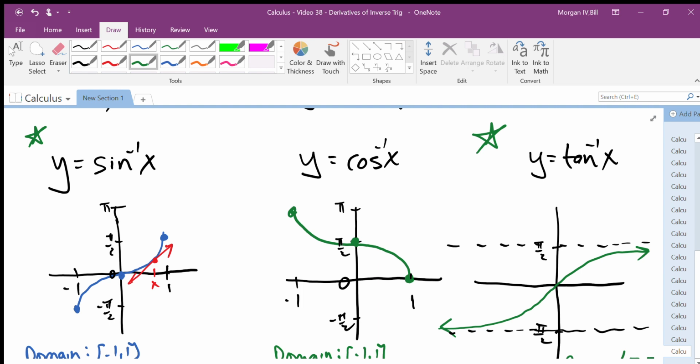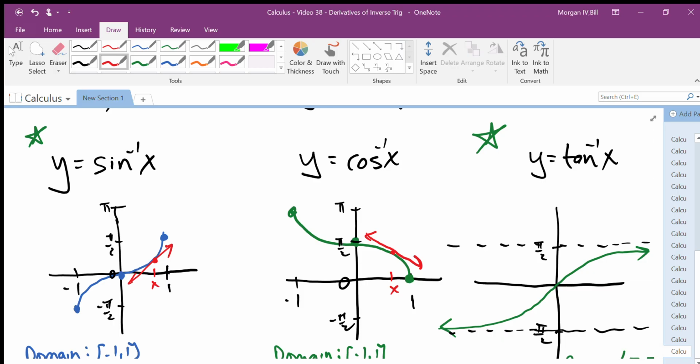And if you look at that, think about this red curve here, the slope of the tangent line I've drawn for inverse sine at x. If I drew that same position x here, whatever that slope happened to be for the inverse sine is the same as the slope for the inverse cosine. It's just that the one for the inverse cosine is negative.